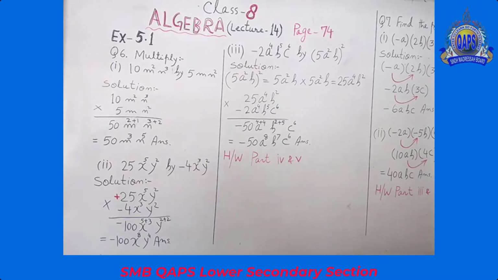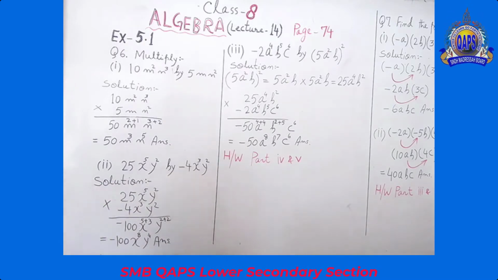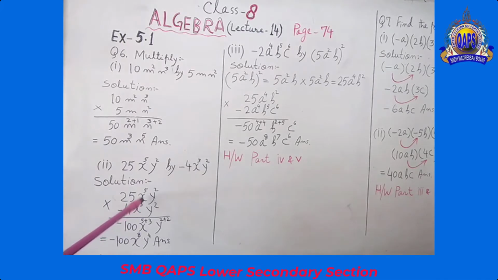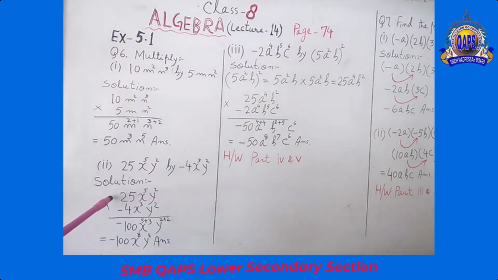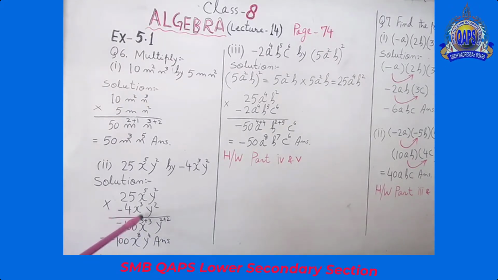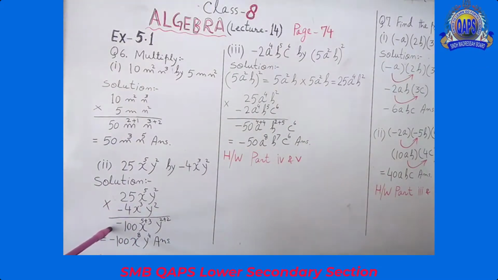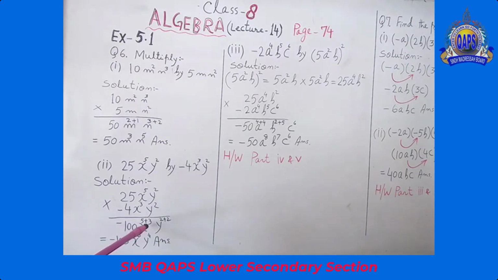That's why it will be 25 x power 5 y power 2. Understood? Plus. Multiply by minus 4x power 3 y power 2. Start multiplication. 25 fours are 100, plus into minus is equal to minus.